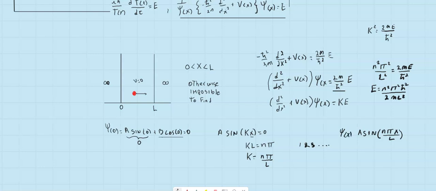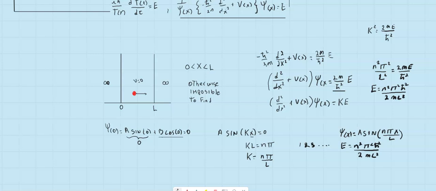My psi of x is equal to this. And my energy is equal to n squared pi squared h bar squared over 2m L squared.